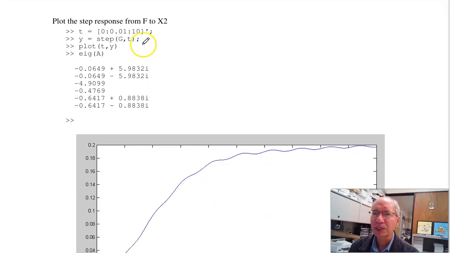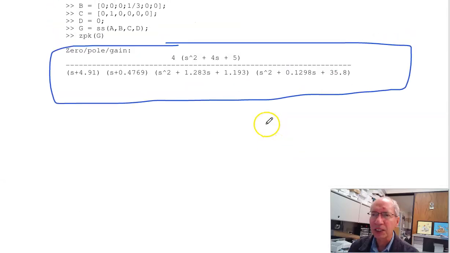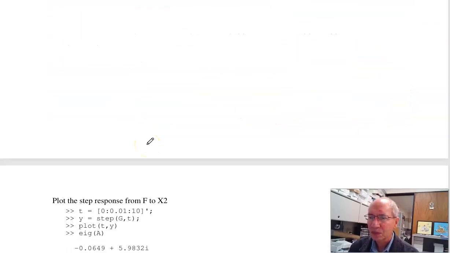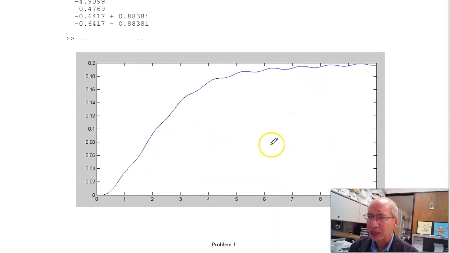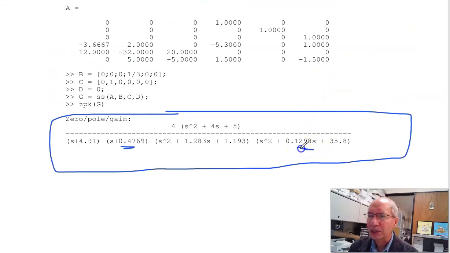To get the step response, plot the step response, and see what the answer would look like. Here's the dominant pole. It should settle out in about 4/0.5, about 8 seconds. And as we see, in about 8 seconds it settles out, plus there's some oscillations on there. That would be this pole right there, which is pretty slow as well.